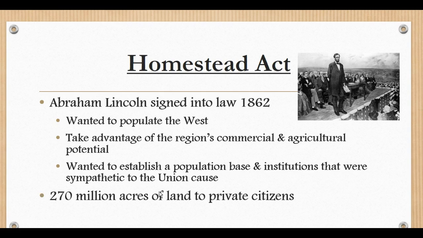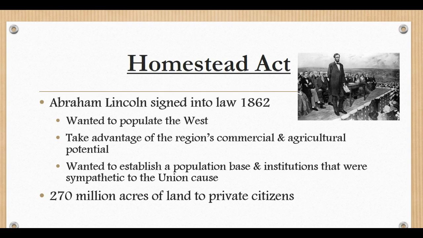All right, now with the Homestead Act, there were 270 million acres of land that went to then private citizens. So it isn't the government who owns this land, it is now private citizens. Okay, so let's take a step back for just a second. This really wasn't government land, although the United States had bought it and made claims to it.